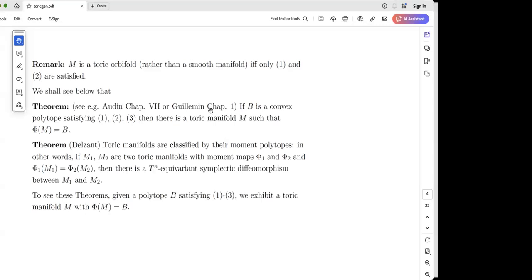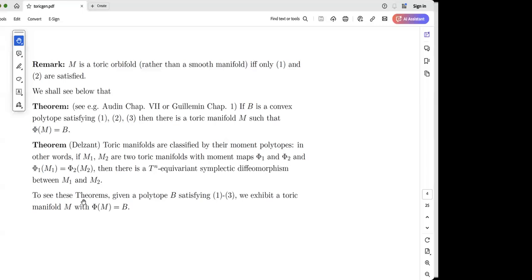The first assertion is existence: if you have a polyhedron satisfying these conditions, then there is a toric manifold whose moment image is this polyhedron. And what Delzant showed is uniqueness: if you have two with the same polyhedron, then they are equivalent up to equivariant diffeomorphism.